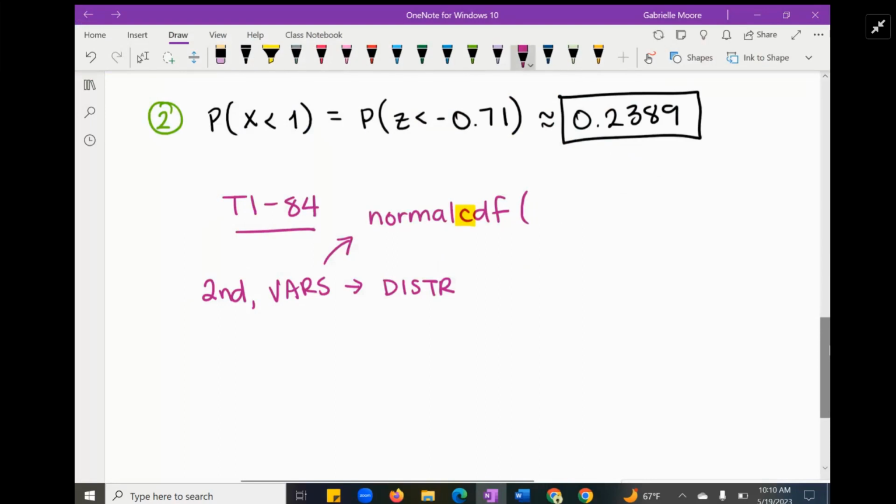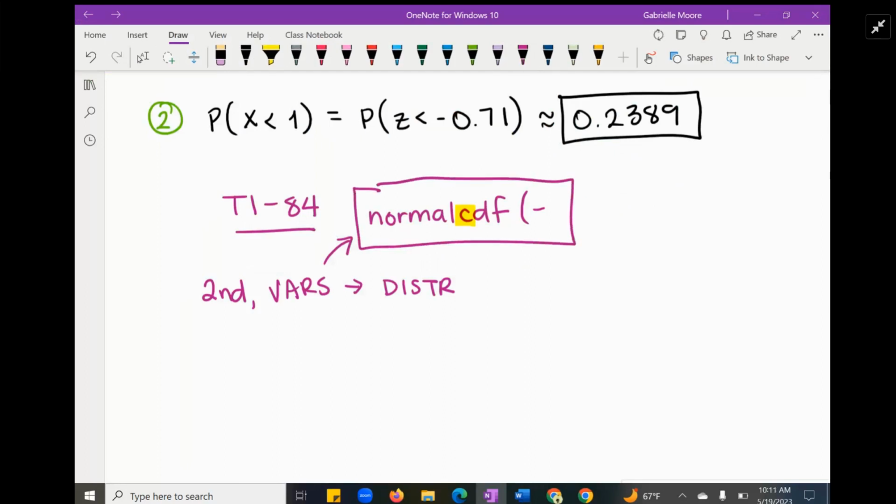The first value you'll have to type in, whether that's a menu that has fill in the blank, or maybe like the TI-83, where you have this pasting on the main page, but you're going to see it written out the same way. So after the normal CDF and open parentheses, you have -1E99.